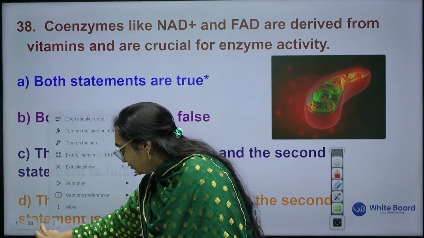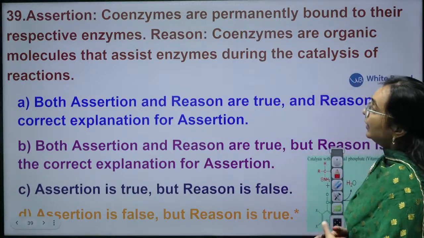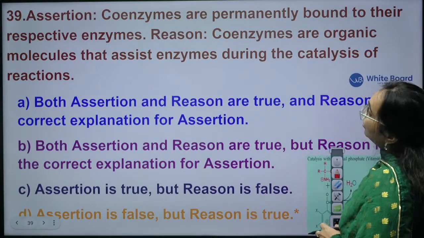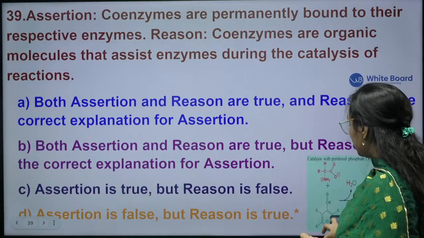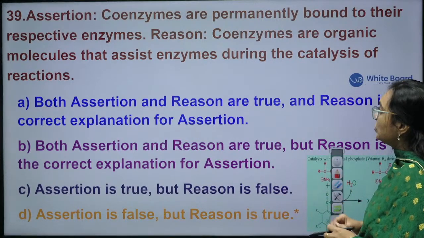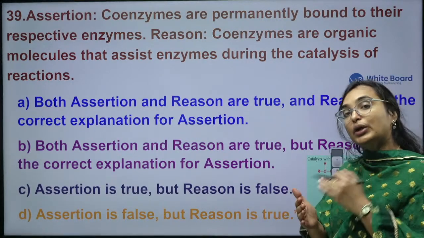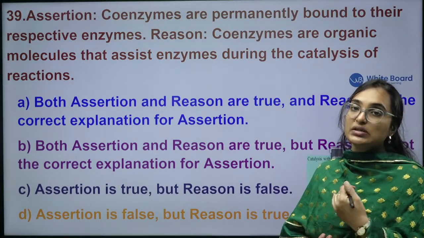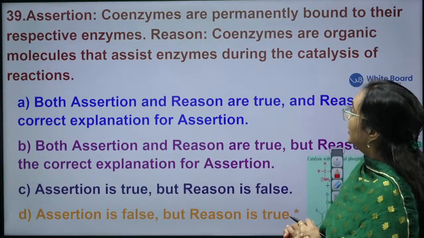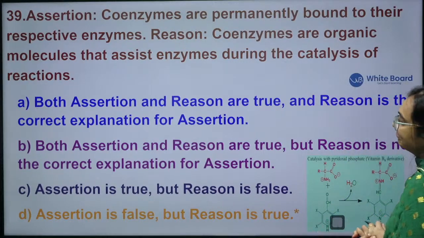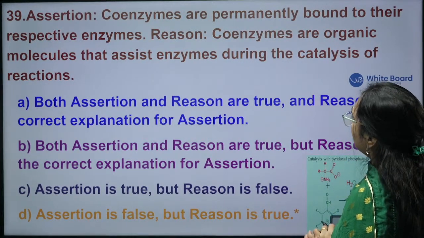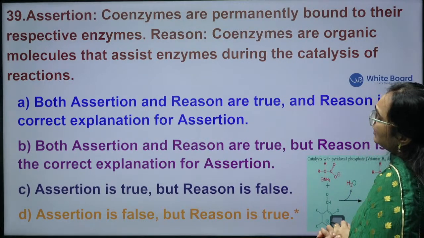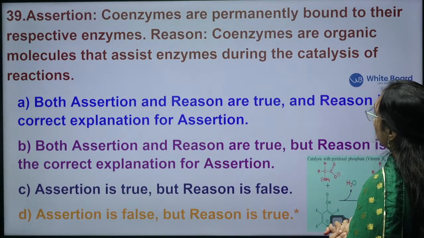Next question. Coenzymes are permanently bound to their respective enzymes. It is not exactly true. All the coenzymes are not permanently bound to the enzymes. Some are temporarily bound and some are permanently bound. The reason: coenzymes are organic molecules that assist enzymes during the catalysis of reactions.